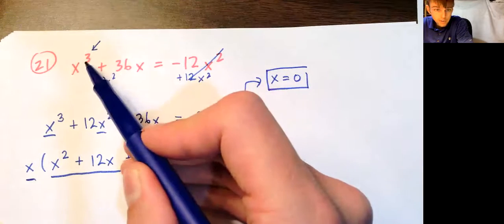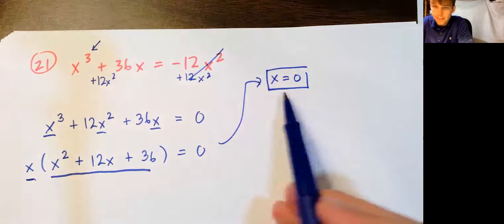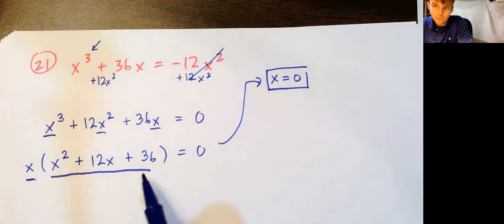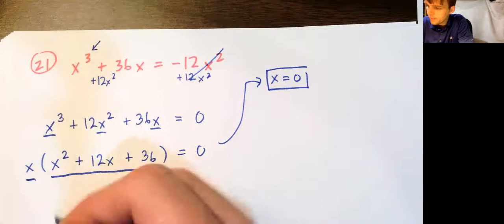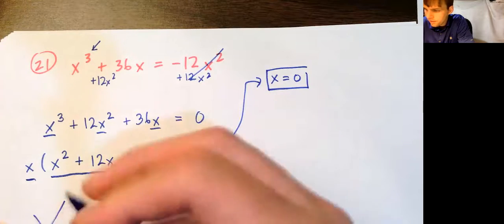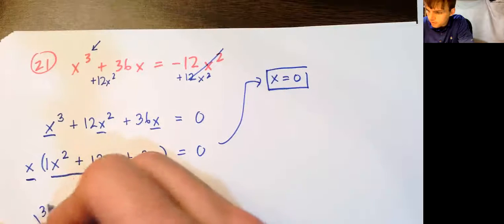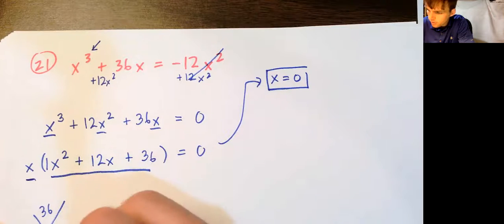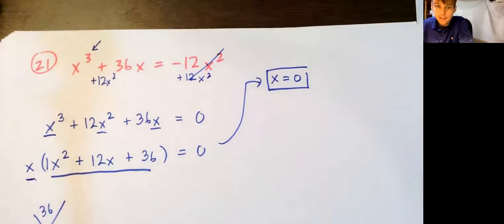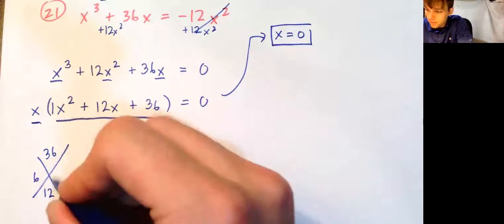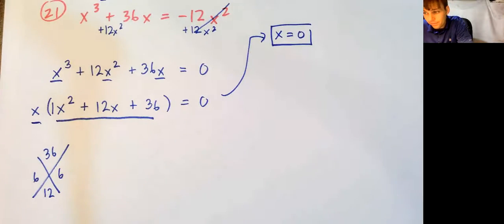Because my power was 3 for my original equation, I'm actually going to have 3 solutions for this one. This should give me 2 more when I factor it. Okay? So going through this process, I get 1 times 36 and 12. So 2 numbers that multiply to be 36 and add to be 12, and it is going to be 6 and 6.